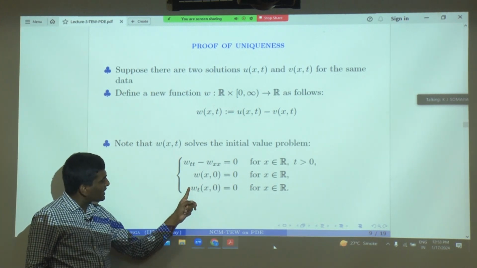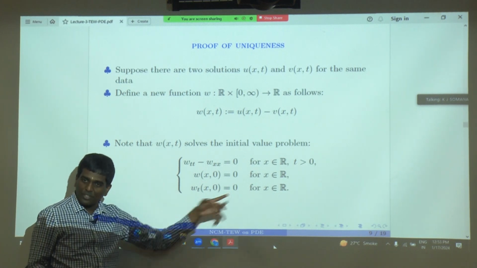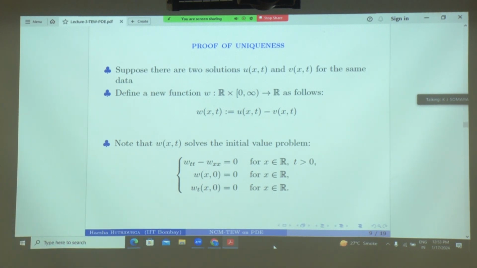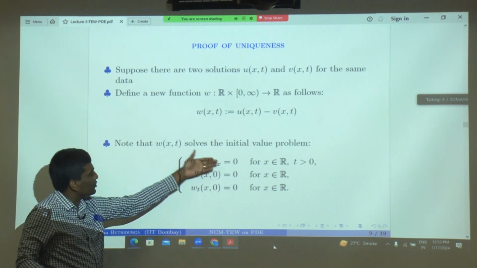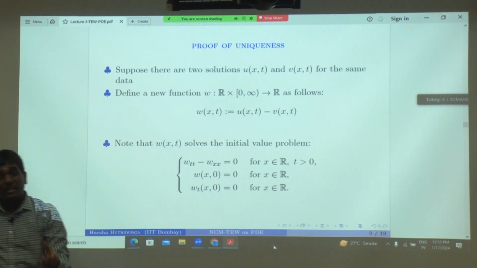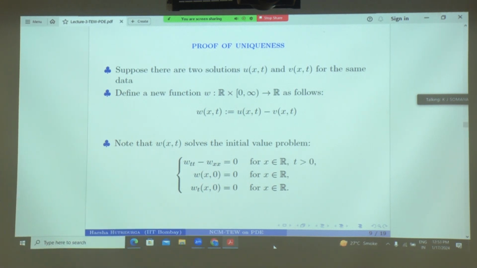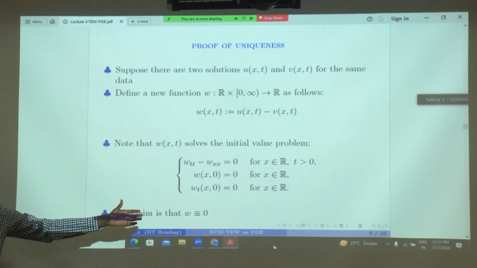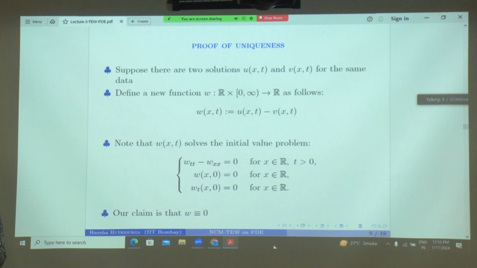And the data for the time derivative of w at t equal to 0 is also 0. There is an obvious candidate staring at us, and that is the 0 solution. The function equal to the constant 0 solves all of these things. Our claim is that this is actually the case. w should be identically 0. This is our claim, that w is this constant function equal to 0 everywhere.